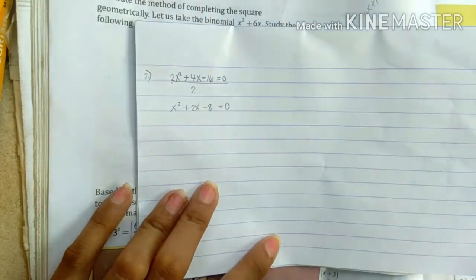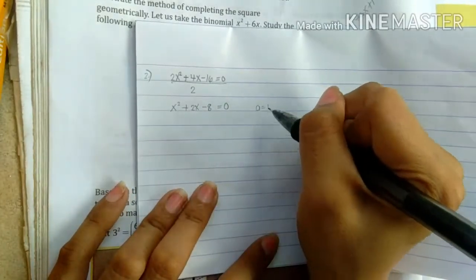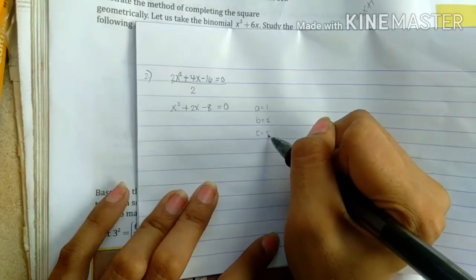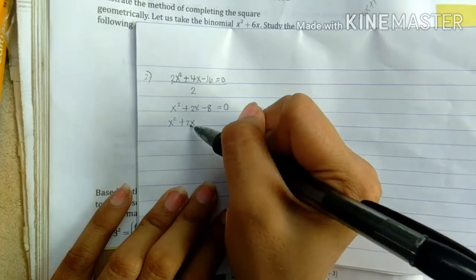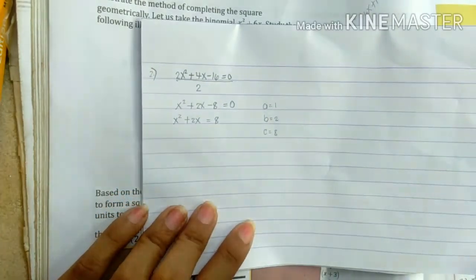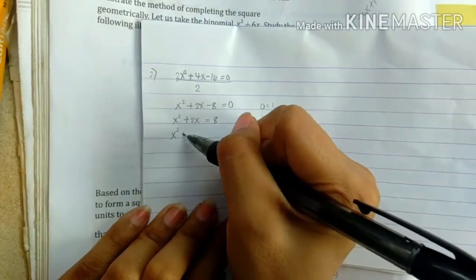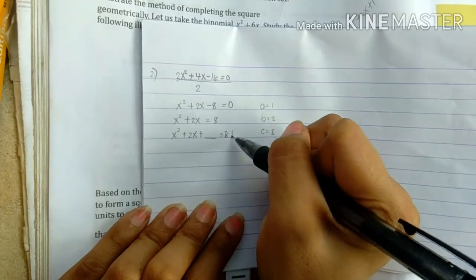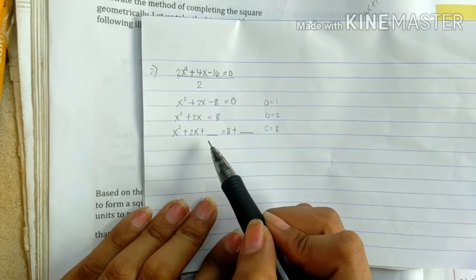Then again, our a is 1, our b is 2, and 2x is equal to 8. Then the second step, fill in the blank: plus 2x plus blank is equal to 8 plus blank, to make it into a perfect square trinomial.